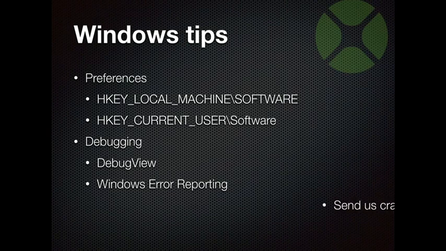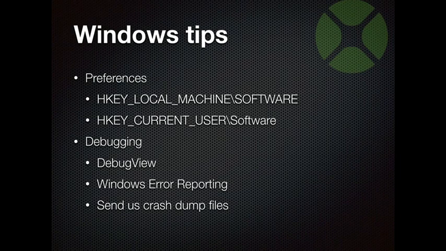With Windows error reporting, this helps us in that if your app crashes, you can hit send when the dialog pops up to send crash dumps to us without having to generate them yourself. So if you have that enabled, that's great. And if you click on that send button, that'll send that crash dump over to us.